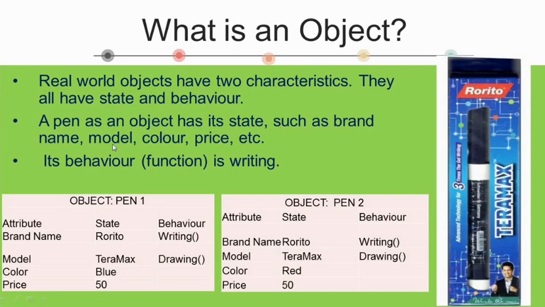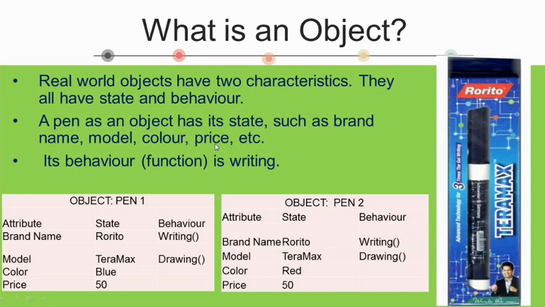In the same manner, what is the model of this particular pen? The model is Terramax, Rorito's Terramax, right? So Terramax is also a state of this pen. Color, what is the color of this pen object? Suppose it is blue. So this blue is a state.